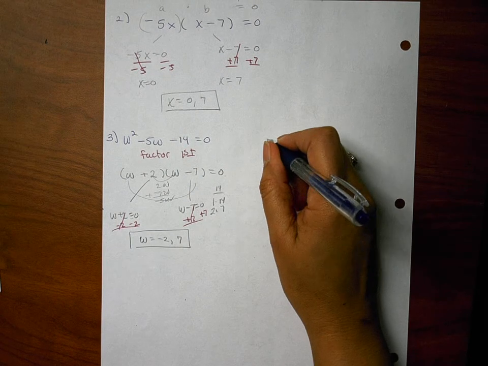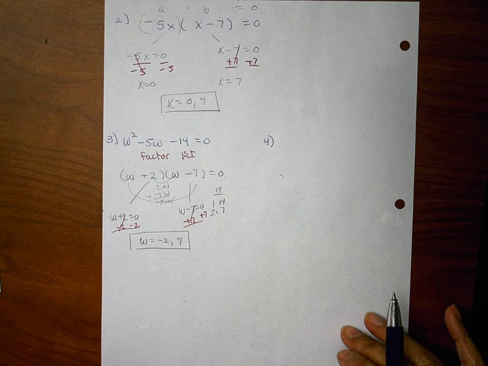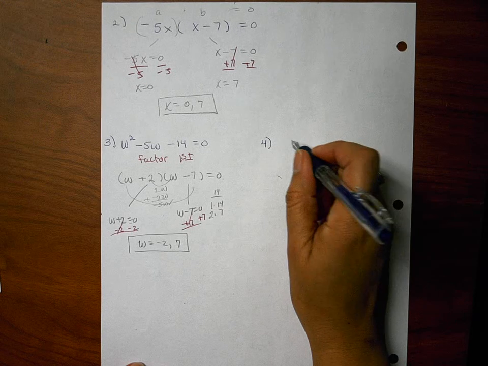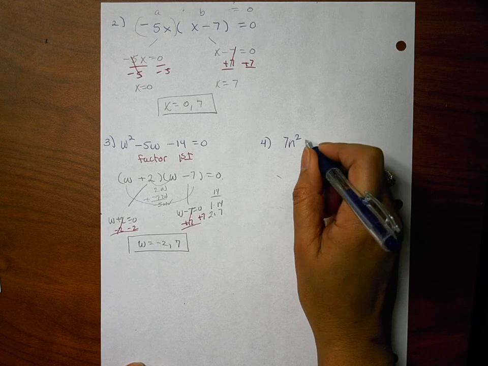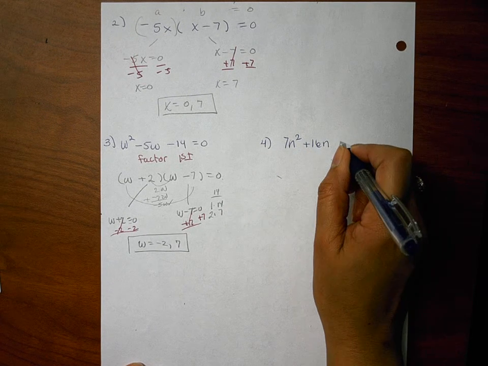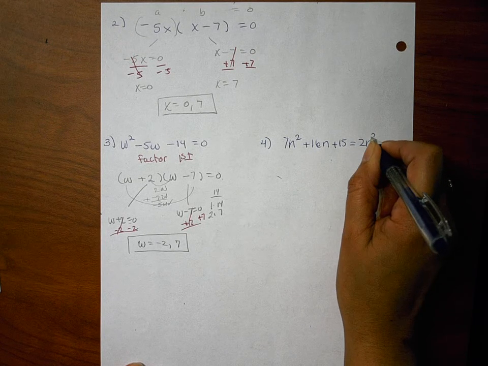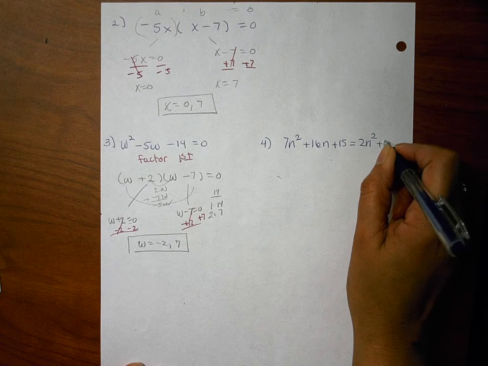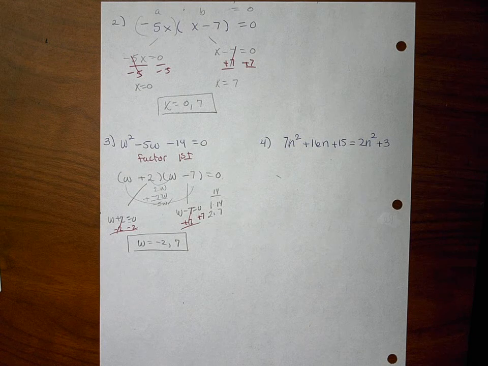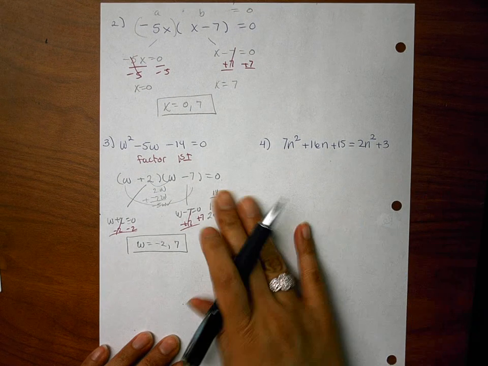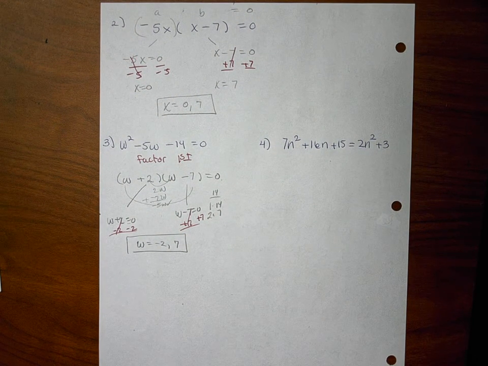Number 4, 7n squared plus 16n plus 15 equals 2n squared plus 3. All right. Now, in order to use the zero product property, everything must equal 0.